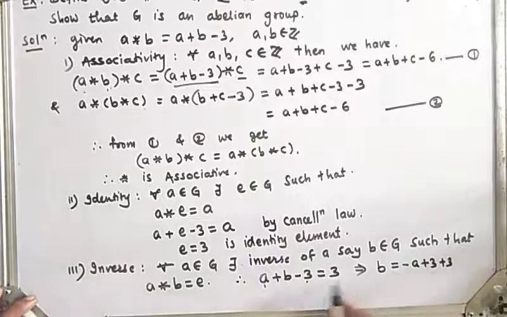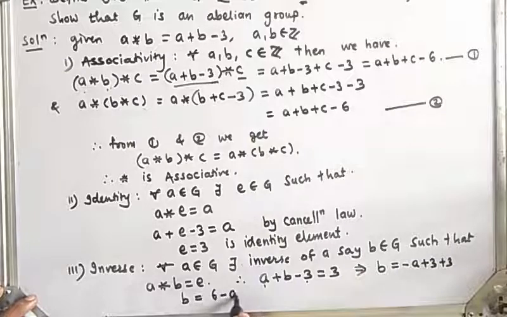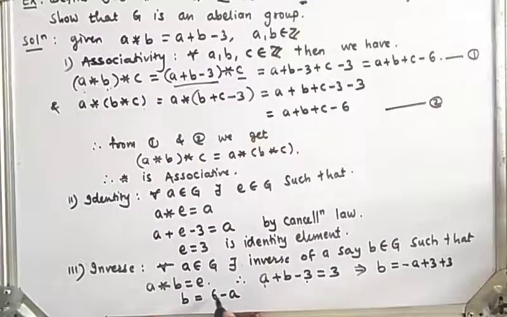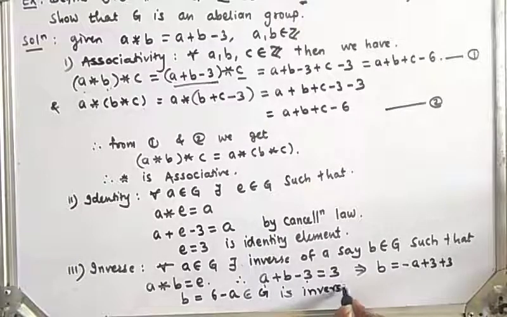So solving for b, b is equal to 6 minus a, which is the inverse of element a, because the addition of these two elements gives identity. So b is equal to 6 minus a is the inverse element, which again belongs to G, the inverse of a.